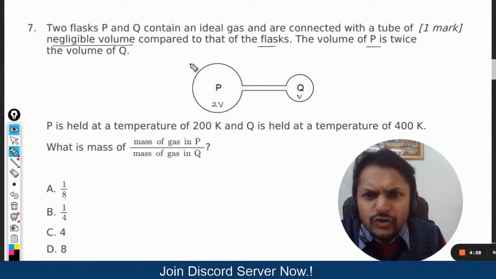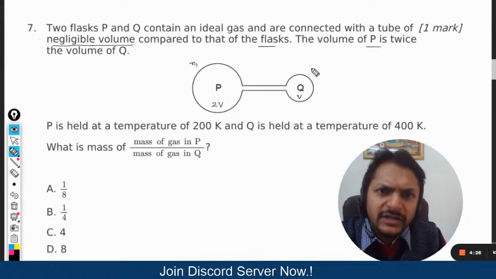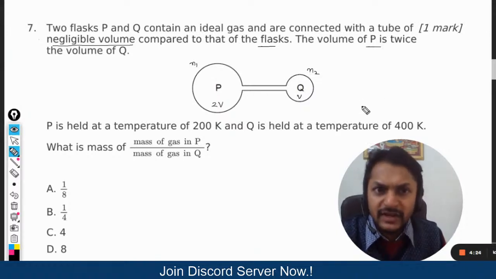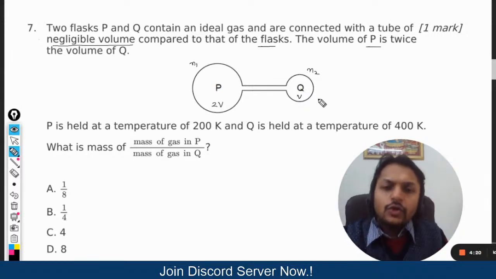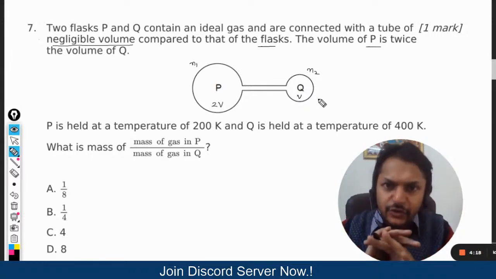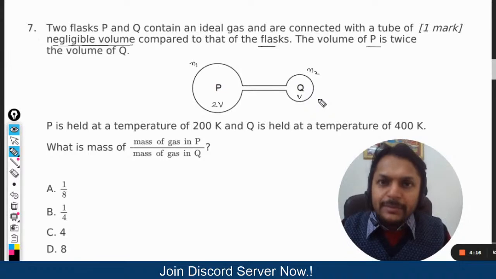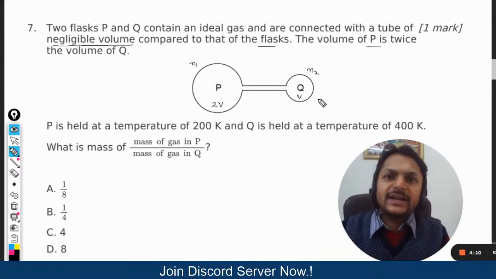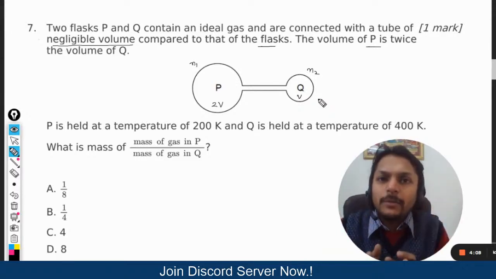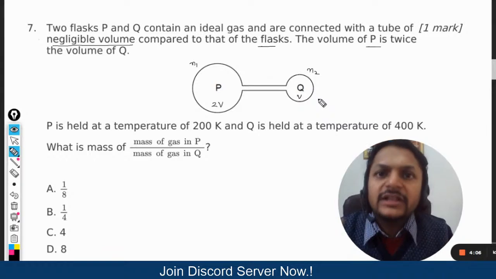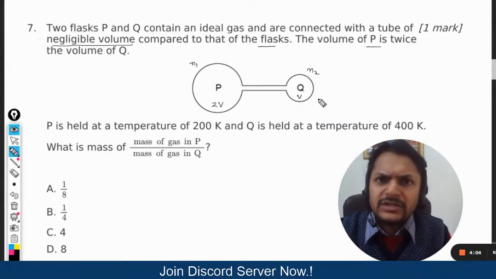And we can just assume that the number of moles here is N1 and here is N2. The gases will first flow through the pipe between the two chambers, and then they will settle down. And when will they settle down? When the exchange of the gas stops, when the pressure in the two chambers becomes equal to each other.